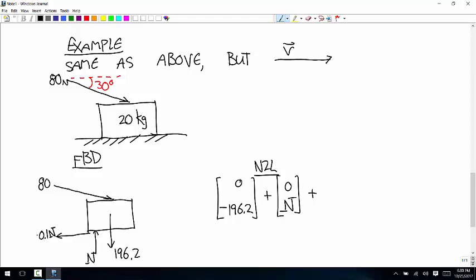Yeah, now that's in the negative x direction, so negative 0.1n, 0. And then that force, the components are still the same, so that's 69.28, negative 40.